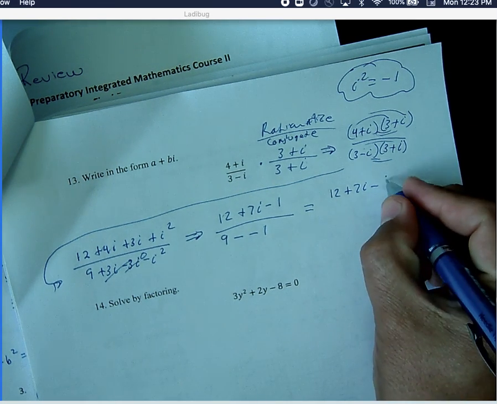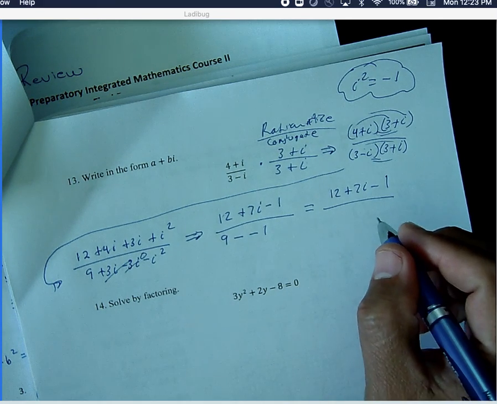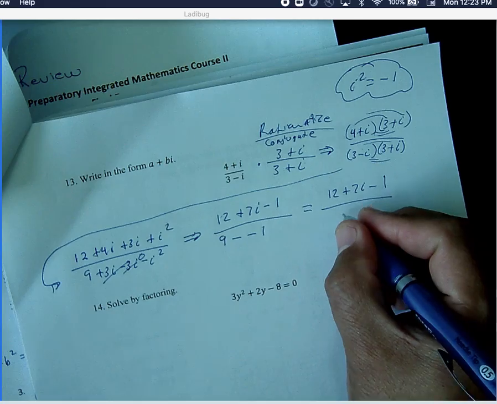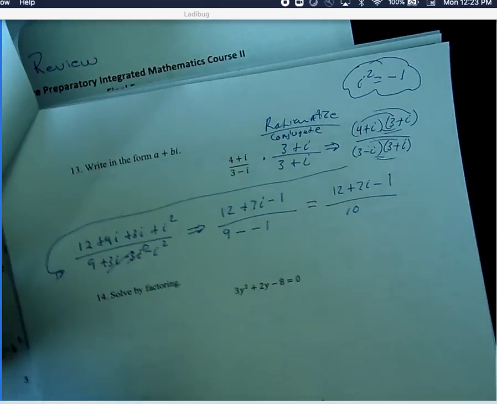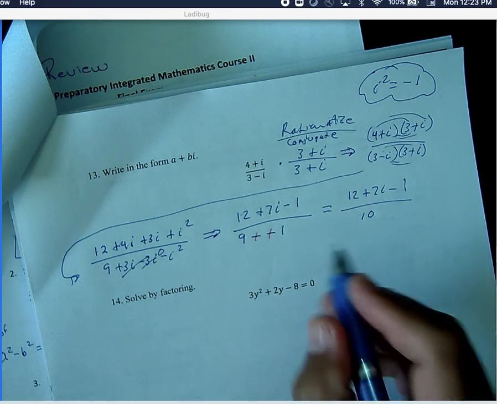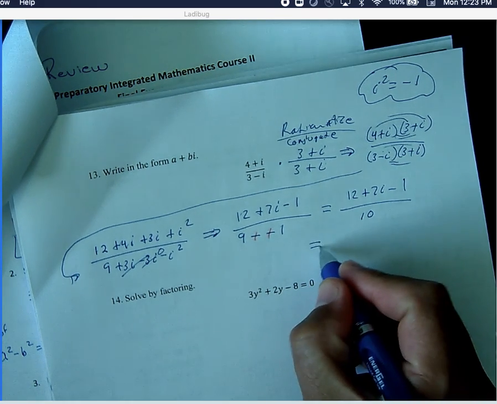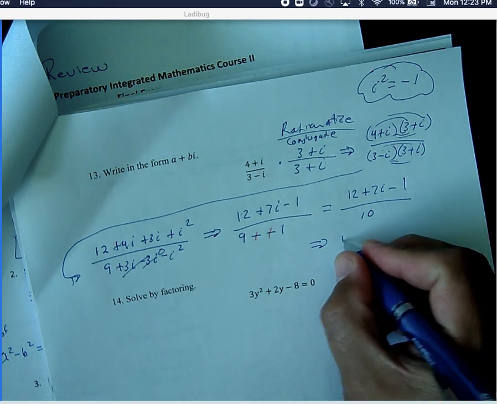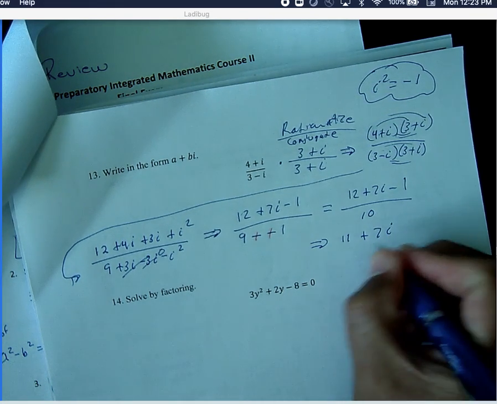Oh, I should have simplified here. I'll do it next step. 9, so this would be plus, so 10. So this becomes a plus. I forgot 2 negatives. So I forgot to simplify this part. 12 minus 1 would be 11 plus 7i over 10.